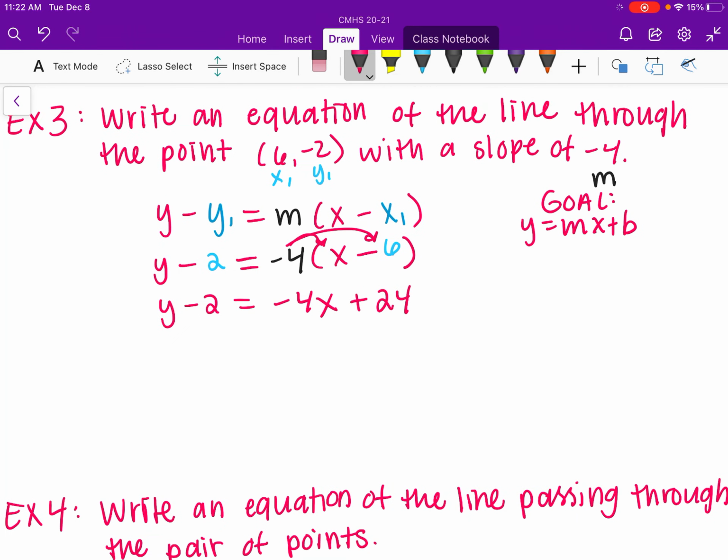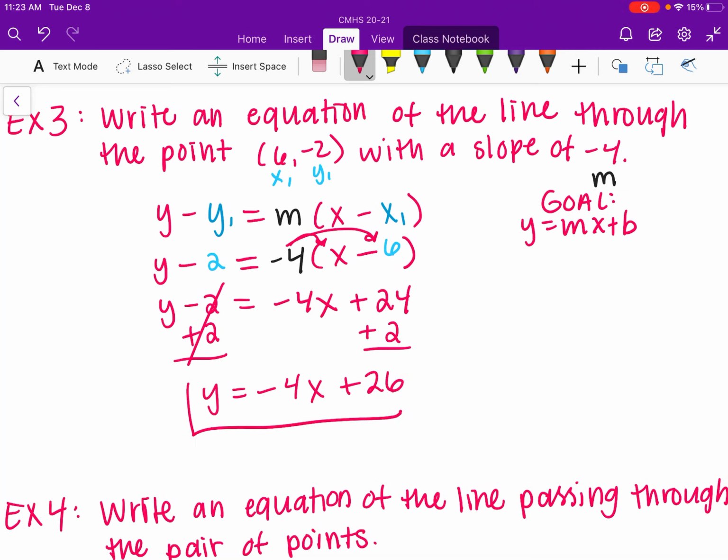Okay, we're closer to mx plus b, but we're not quite there. There's something on the left that we need to get rid of. The y needs to be by itself. So let's subtract 2 from both sides. So y equals -4x plus 24 minus 2 is 22.